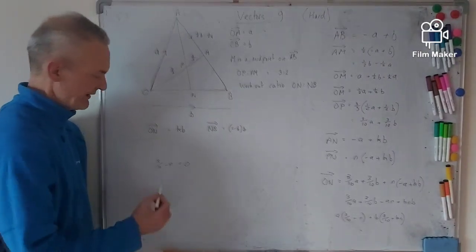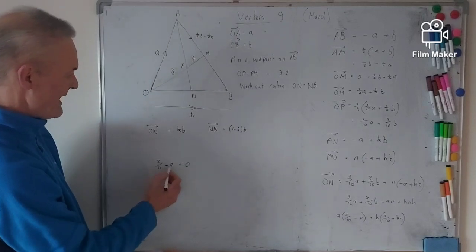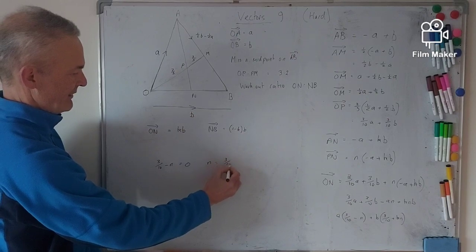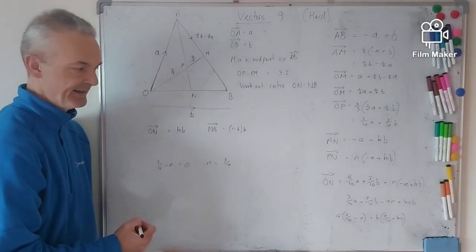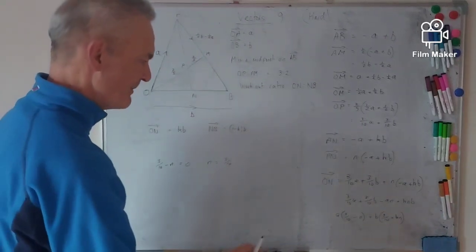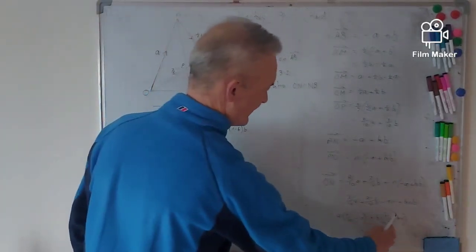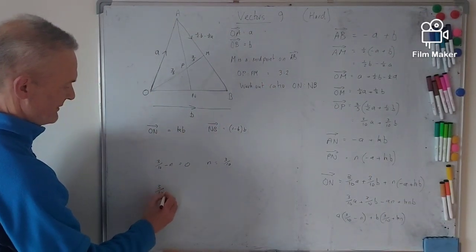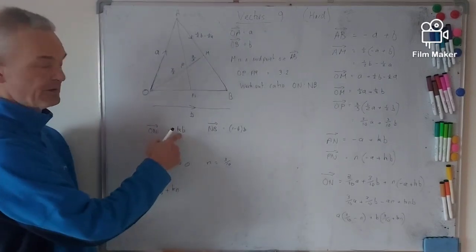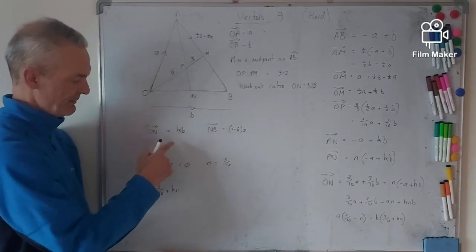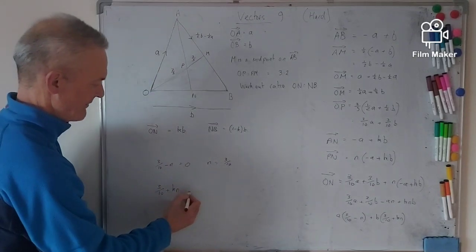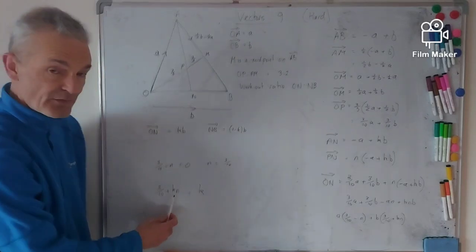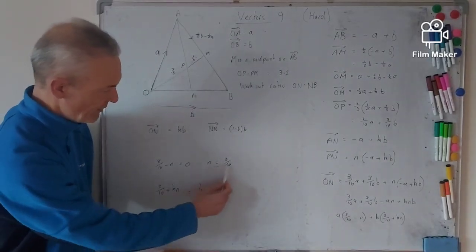So we can say that. So that means that n must equal 3/10 in order for that to be 0. Okay, now let's have a look at our B components. So we've got 3/10 plus Kn, so 3/10 plus Kn, that must equal this B component here, which is just K. That must equal K. And we've obviously got two unknowns in here, but we've just worked out what n is.